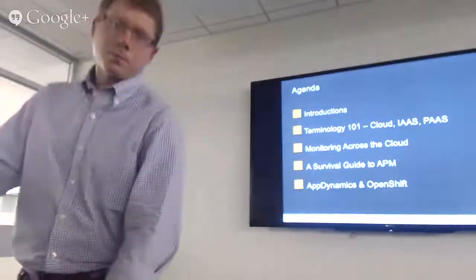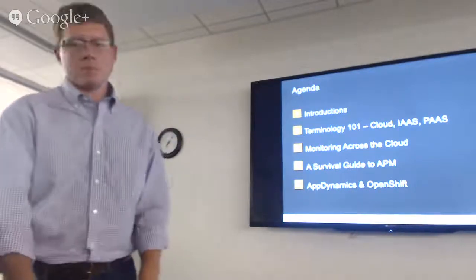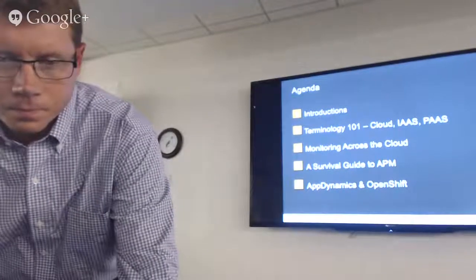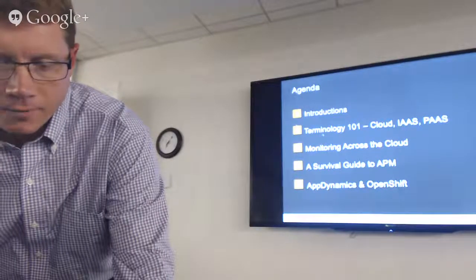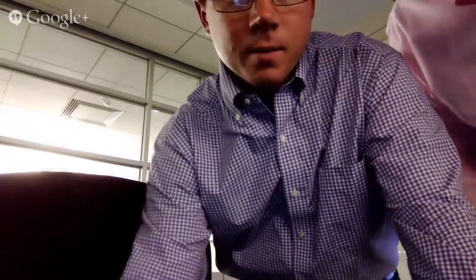Do you want me to switch to desktop? Do you want to switch to the desktop, or do you want to go with the camera? I don't know how to switch to the desktop, but I'm happy to transfer it to you. Go to sharing, from the upper left, I think. Screen share, there you go. Pick whichever window you want to share.